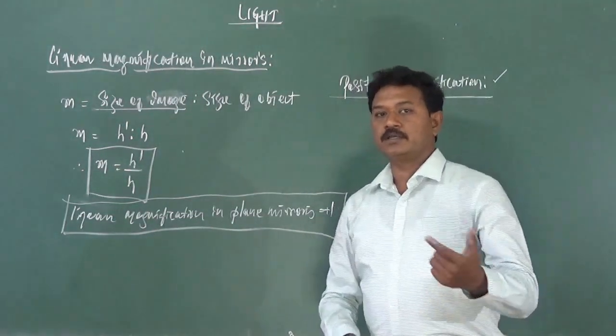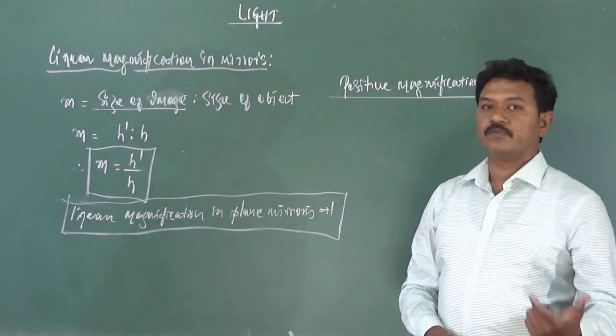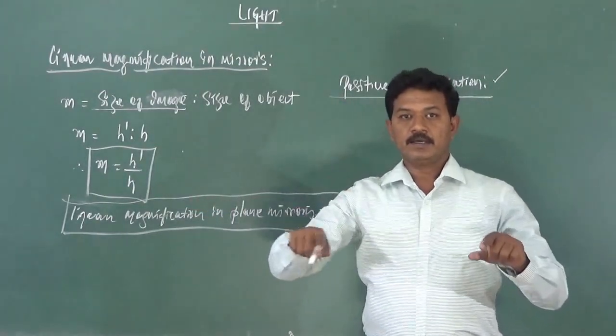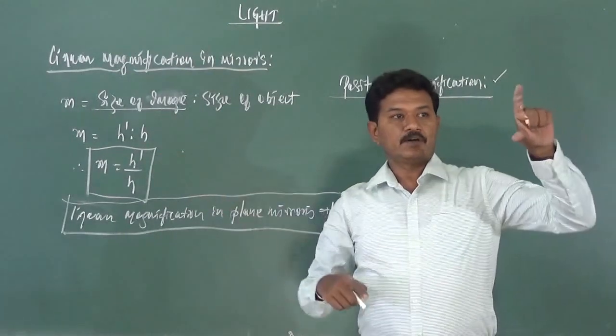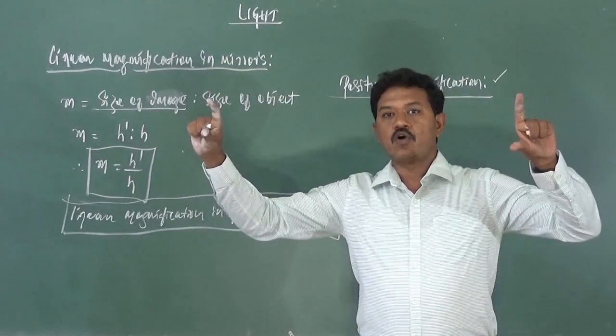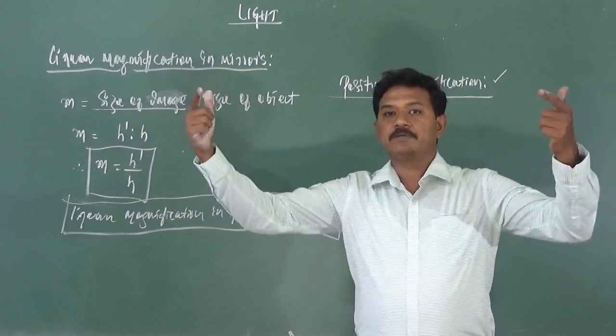So when does magnification become positive? The magnification of a mirror becomes positive when both the object and the image are above the principal axis. Just imagine a mirror, this is the principal axis, the object is on the principal axis and the image of the object is also above the principal axis.